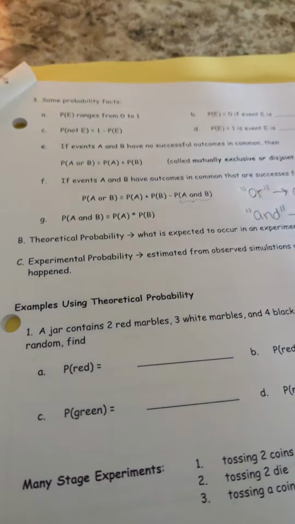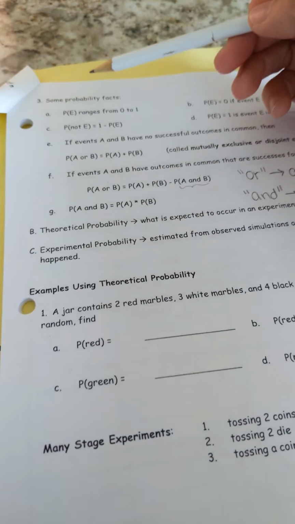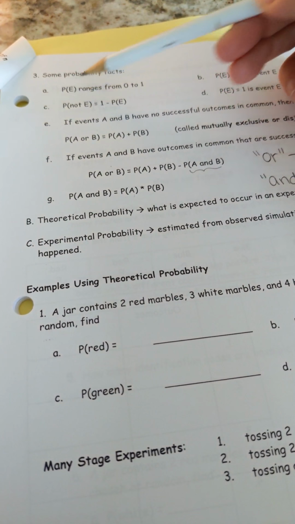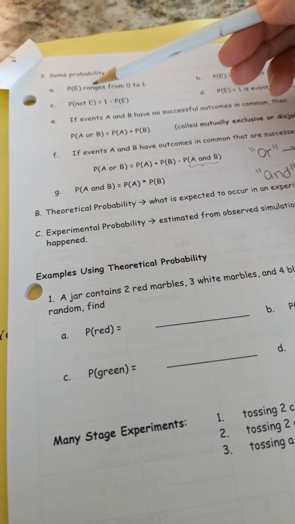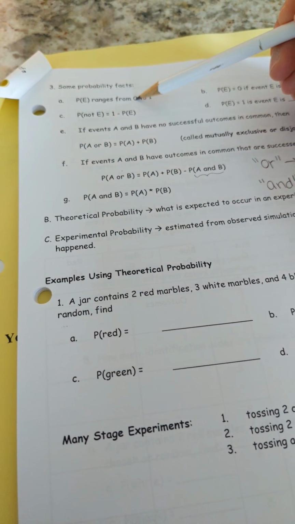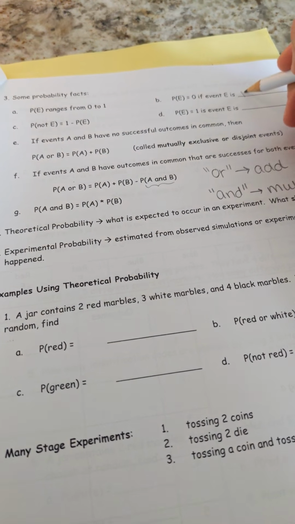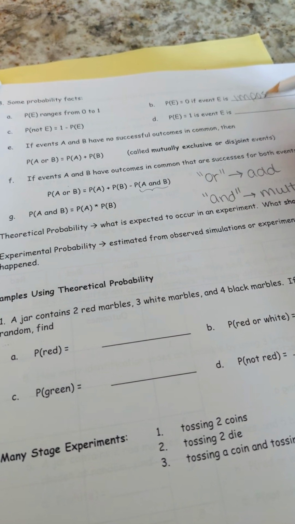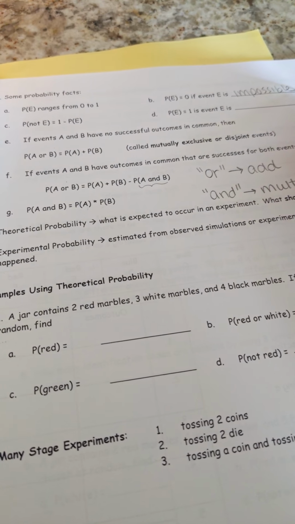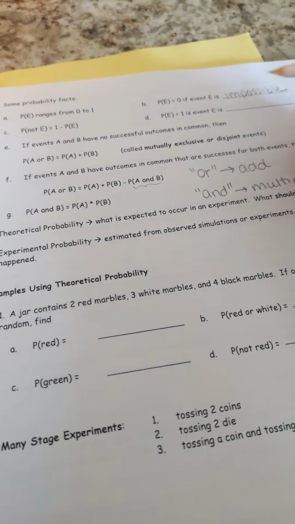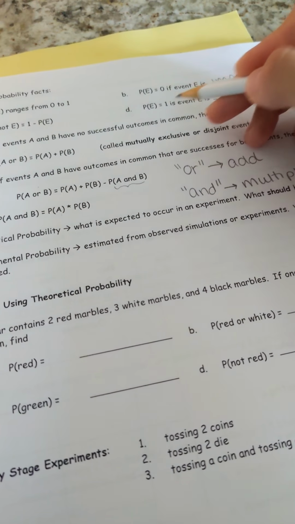So looking at this quickly, let's go over some probability facts. The probability of an event ranges from 0 to 1. So if the probability of an event is 0, what do you think that means? It's impossible, right? It's not going to happen. Well, what if the probability of an event is 1?